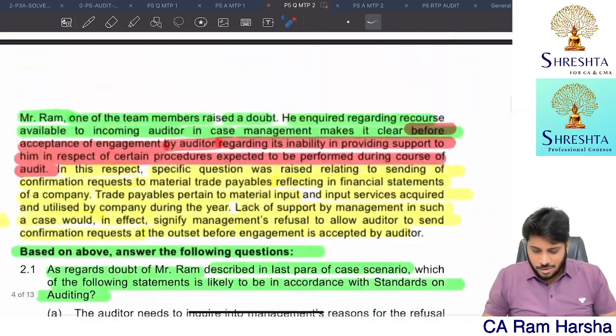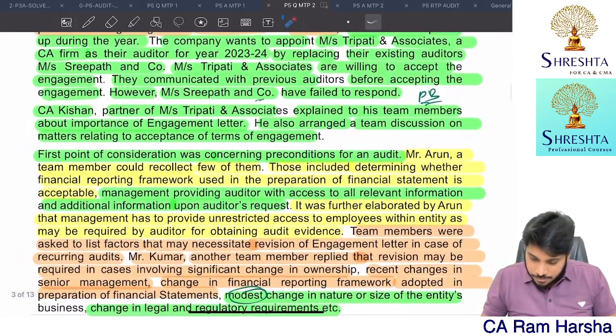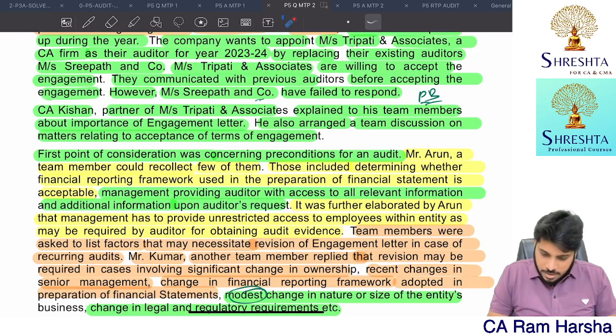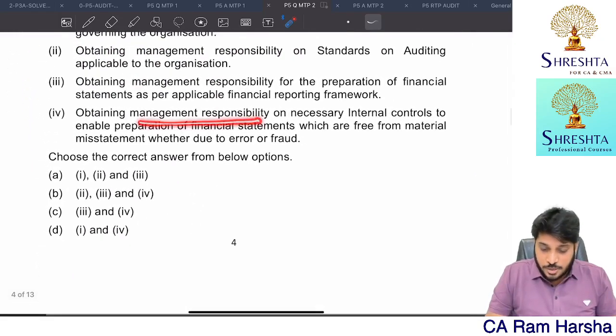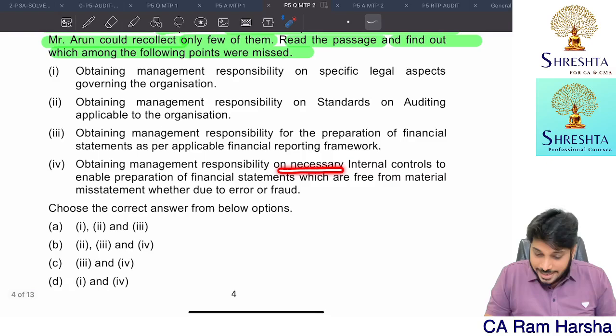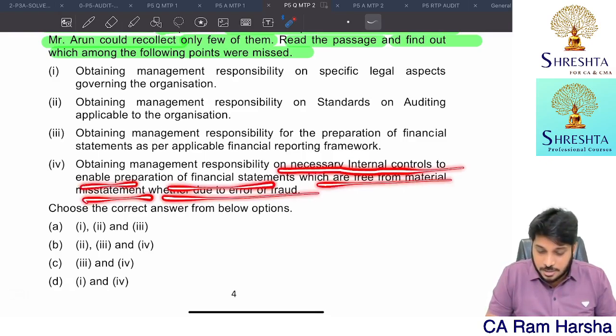He said management is responsible for whether the financial reporting framework used in preparation is acceptable. That is correct, he already considered that. Obtaining management responsibility on necessary internal controls to enable presentation of financials free from misstatement, whether due to fraud or error.